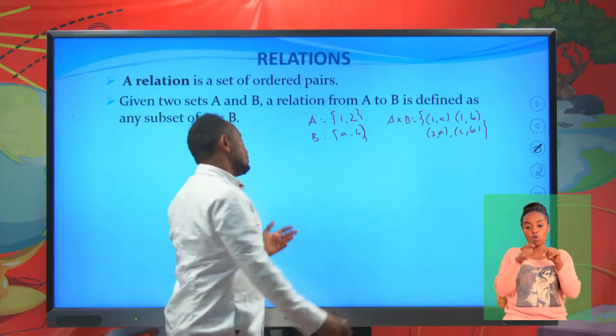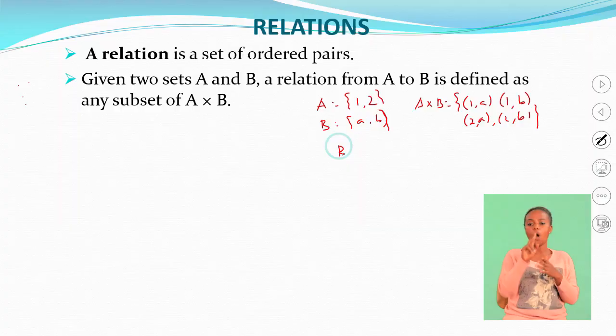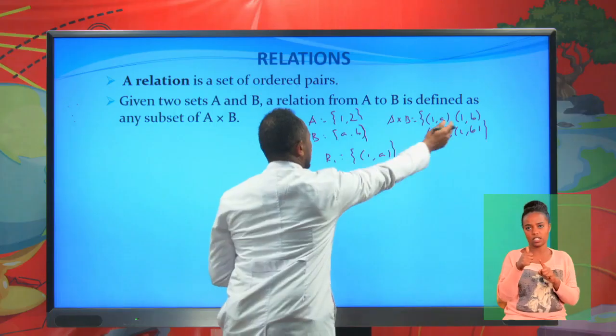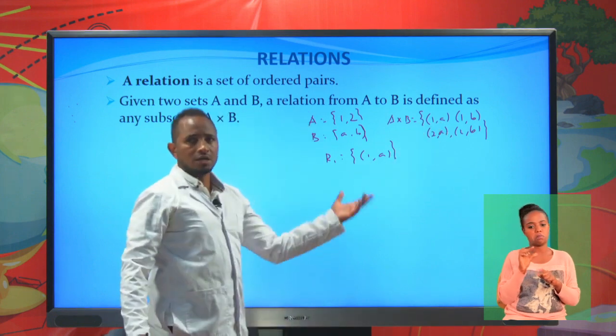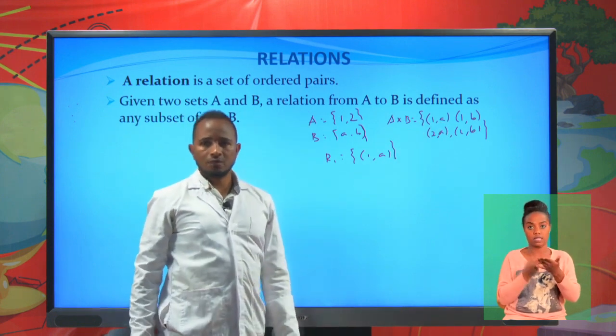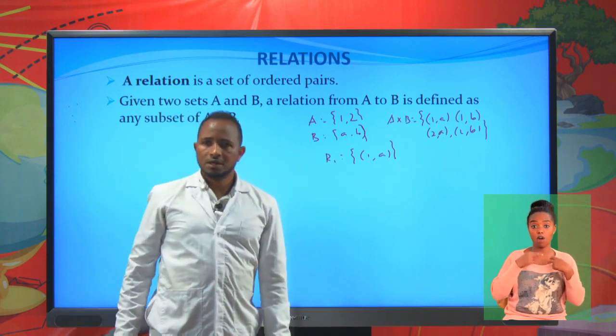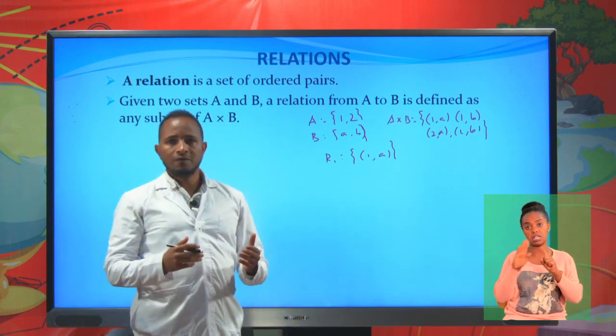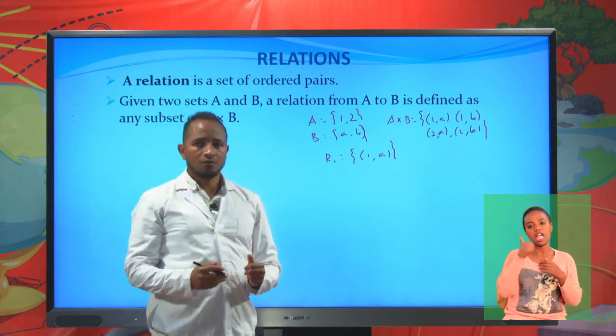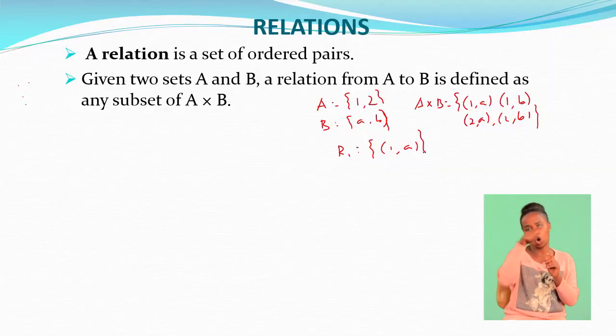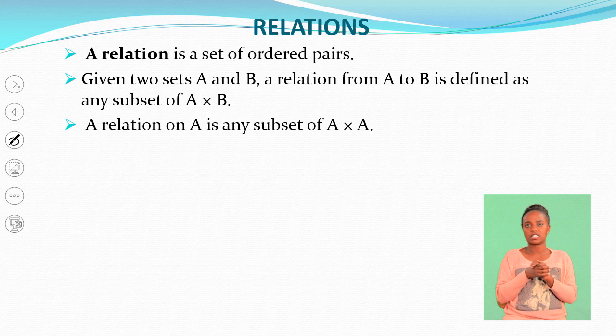So one relation from A to B can be taken as (1, a), or some part of this, or any subset of this will be a relation from A to B. So if you have two sets A and B, a relation from A to B is simply any subset of A cross B. A relation on A is any subset of A cross A.